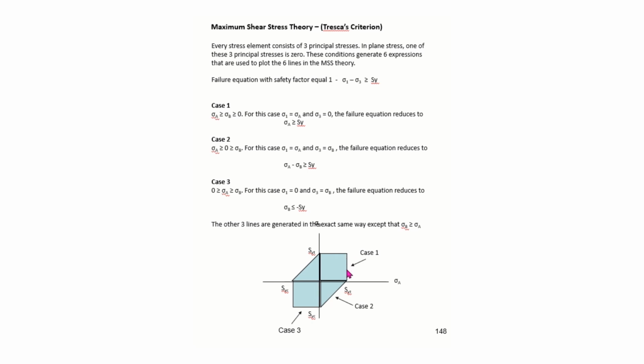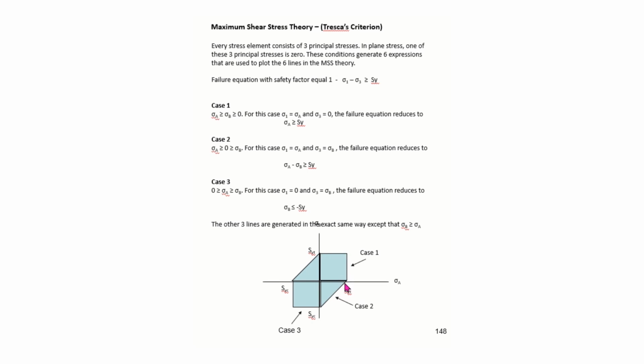So this is the failure envelope that we get for the maximum shear stress failure theory. Everything inside of this envelope would be safe, everything outside will have failed. We note that in this region here, this is the same failure theory as the maximum normal stress failure theory that we just looked at.